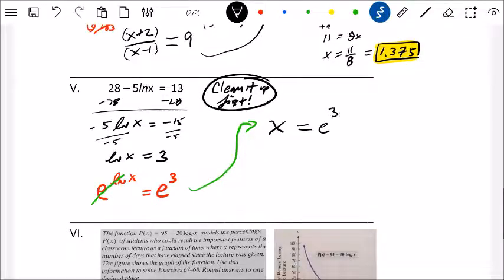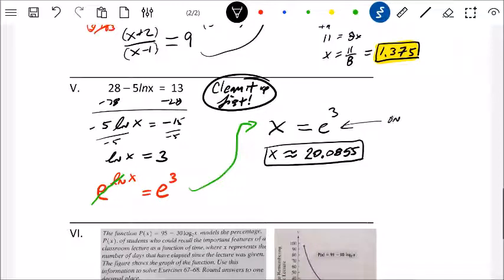It's equal to e to the third power, and that means x is approximately 20.0855. So go to 4 decimal places, and that e is a key on the calculator. It's on all scientific or graphing calculators.